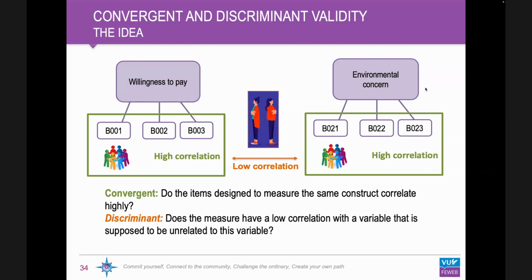If it's intended to measure another construct, then we expect a low correlation between these items and these items. So for the items under the same construct, we want a high correlation and agreement. And for the items of different constructs, we want low correlation, or discriminant validity.